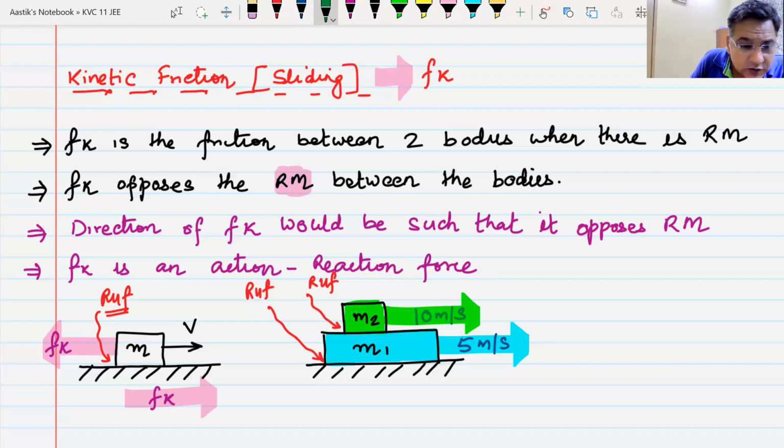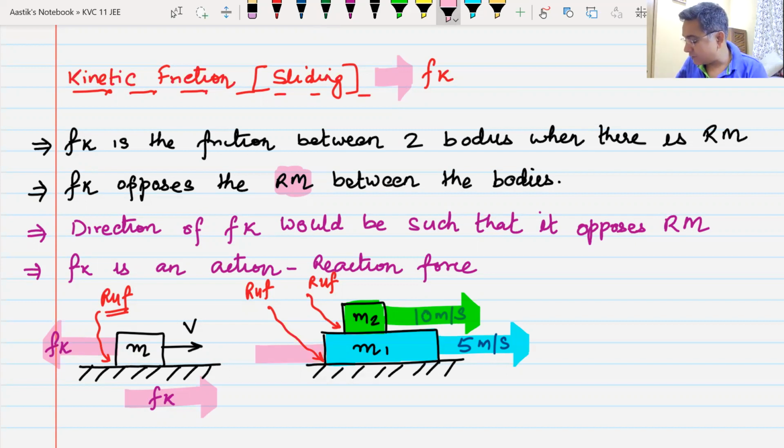Okay, I hope everyone has thought about it. Now let us see what would be the direction of frictional force on the two blocks. M1 block: if I stand on the ground, there is friction between the ground and the M1 block. With respect to the ground, the M1 block is moving forward. So what will the ground do?